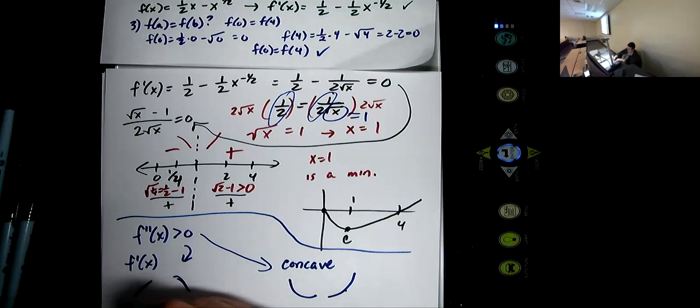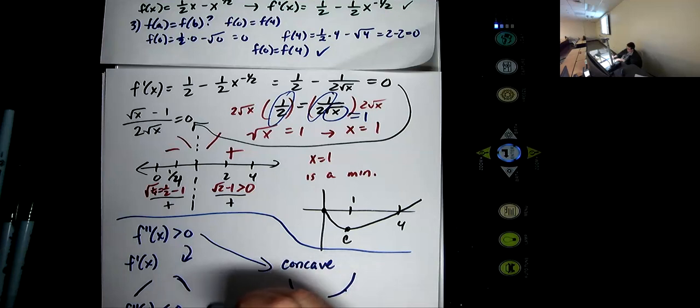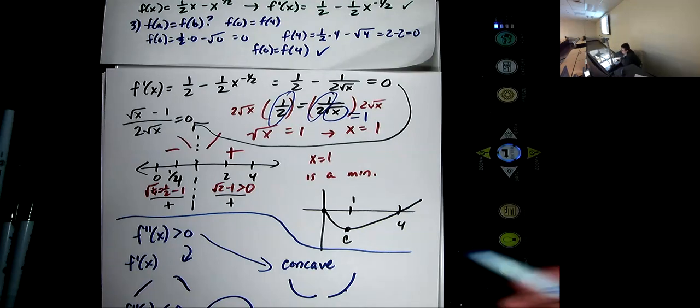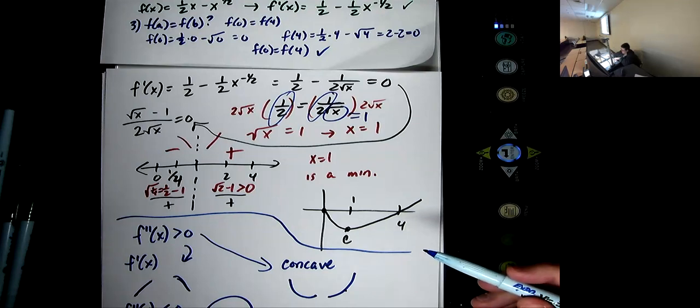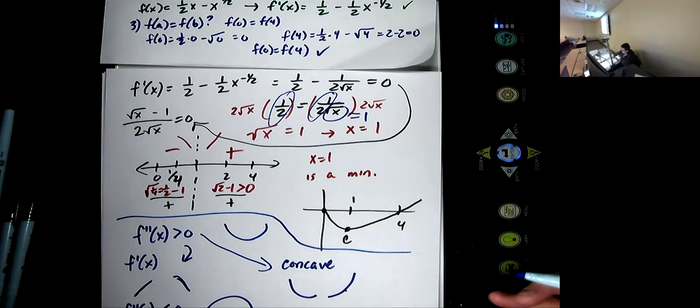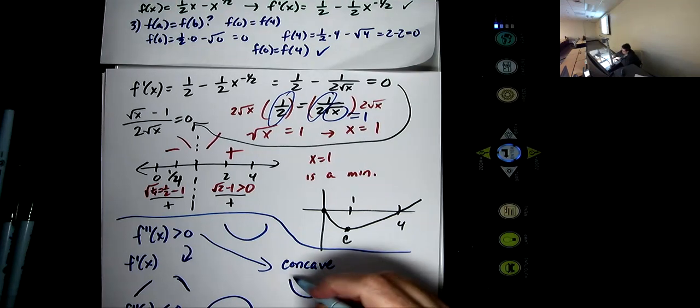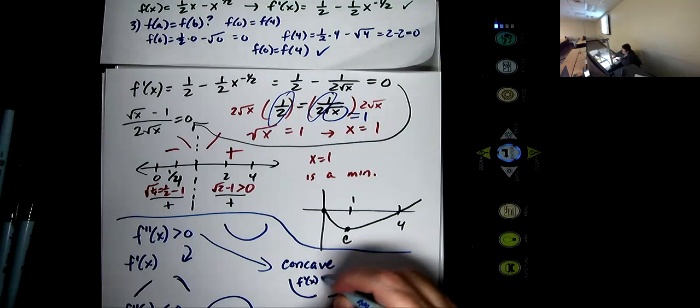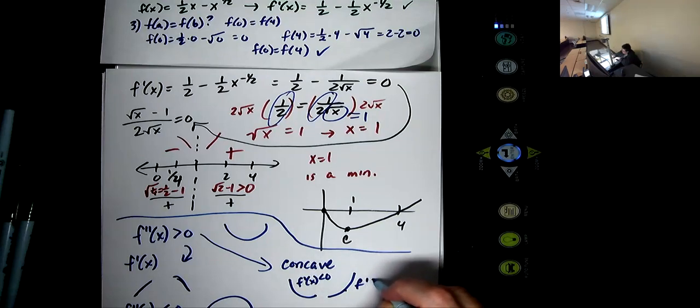Here, f double prime of x should be less than 0 because it looks like it's making a pull downwards. So f double prime of x less than 0 is downwards. f double prime of x greater than 0 is upwards. But both of these have increasing concavity. Here, f prime of x is less than 0. Here, f prime of x is greater than 0.